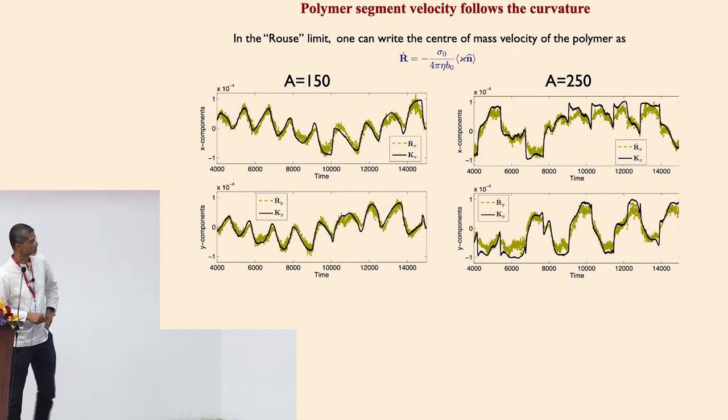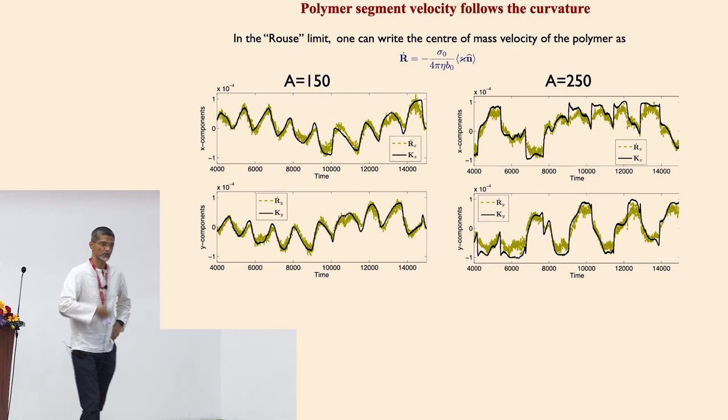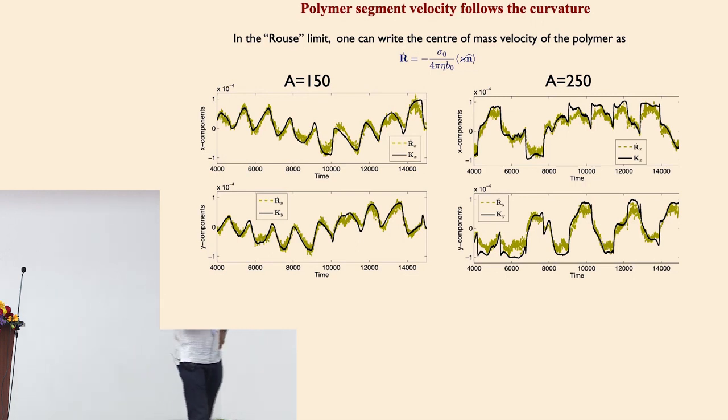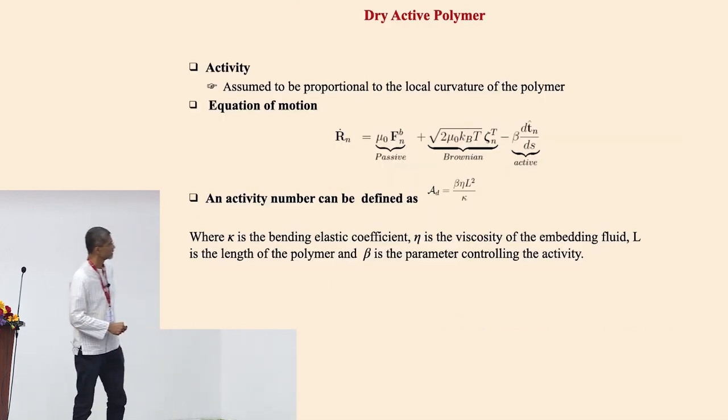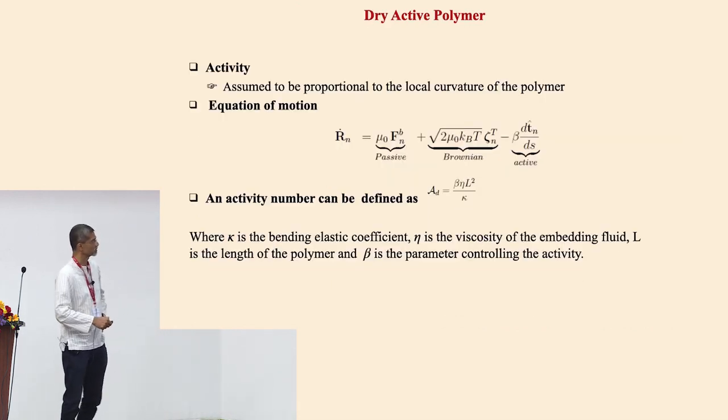Since they follow each other, we thought one way of doing this for single polymers is, instead of doing all those hydrodynamic interactions, I could just write down an effective model in which I have no hydrodynamic interactions, and the forcing is coming only from this curvature dependent active force.